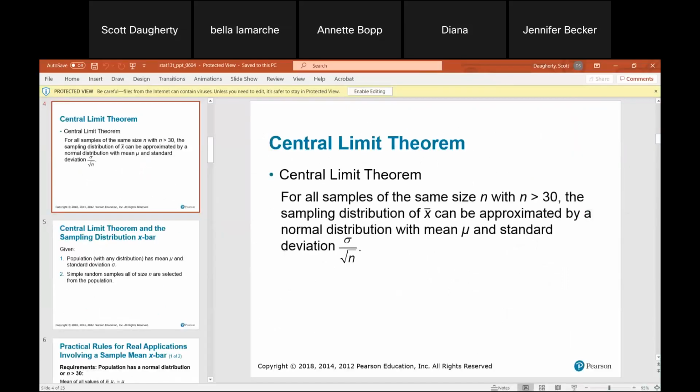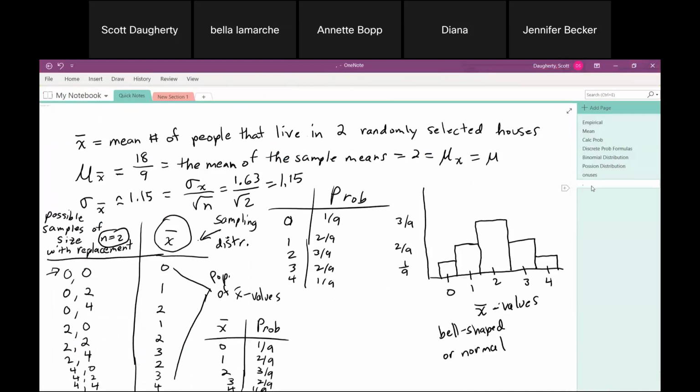Isn't that what happened? We averaged up the x bar values that we had here, and we found mu sub x bar to be 2, and that was exactly the same as the population mean of the x values, which they're calling mu. So that's what this is saying.